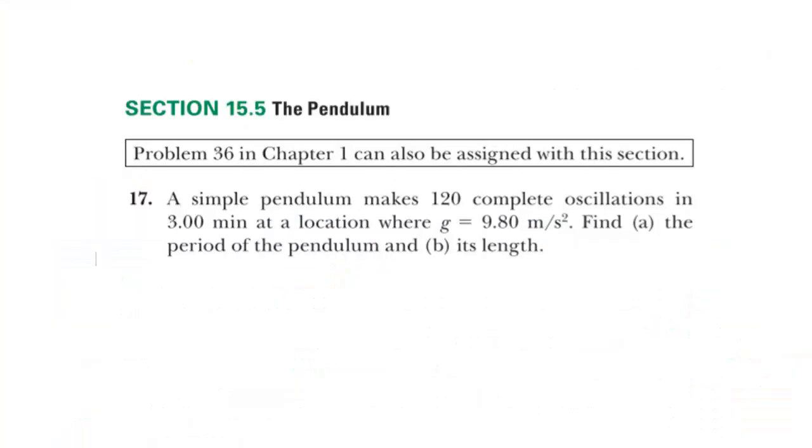Now let's turn to the problems of chapter 15, question number 17. A simple pendulum makes 120 complete oscillations in 3 minutes, where the location's g is 9.8 meter per second squared. Find the period. Now, how do we get the period? The period is not based on the expression, because there is no length given.